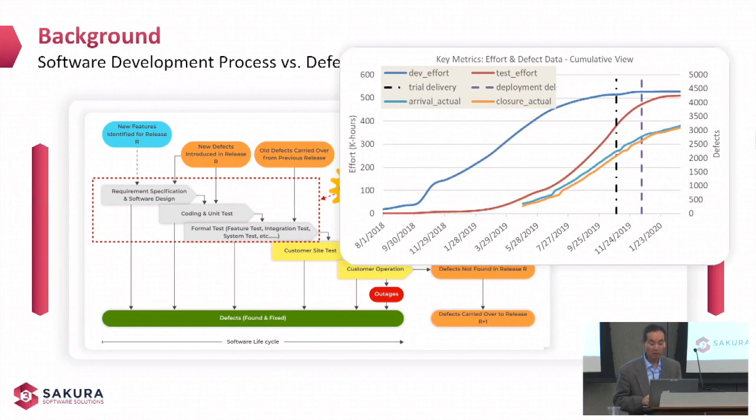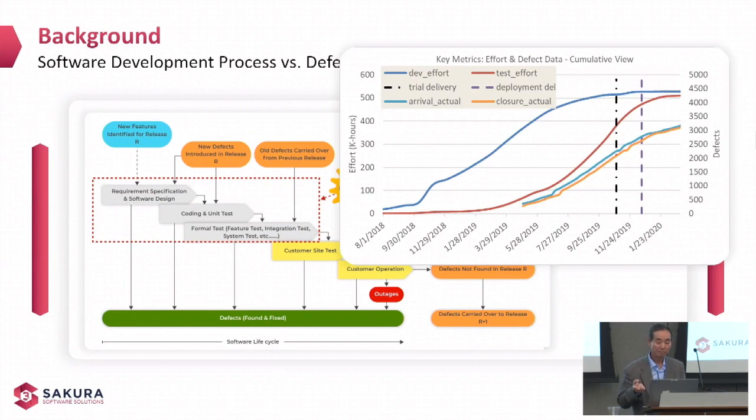That's what we call the arrival curve, or detected defects. And the light brown color is the defect closure curve, or defects fixed. So we need to keep track of those two things to evaluate the quality of software.